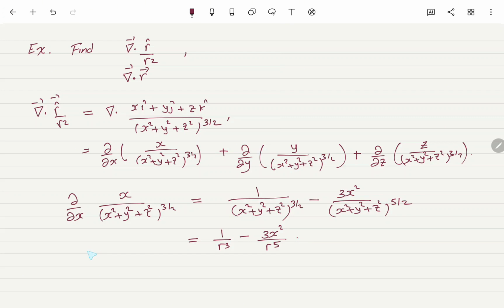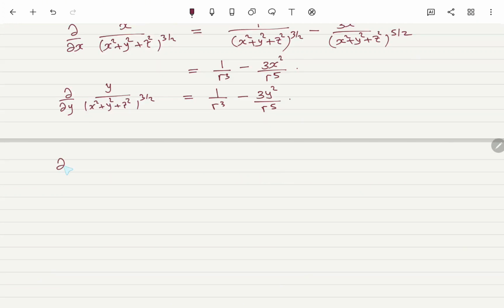If we follow the same procedure for this part here, you will find partial y of y divided by (x squared plus y squared plus z squared) to the power 3 over 2 will be equal to 1 over r cubed, same rule here, minus, instead of x we will use y, 3y squared over r to the power 5.